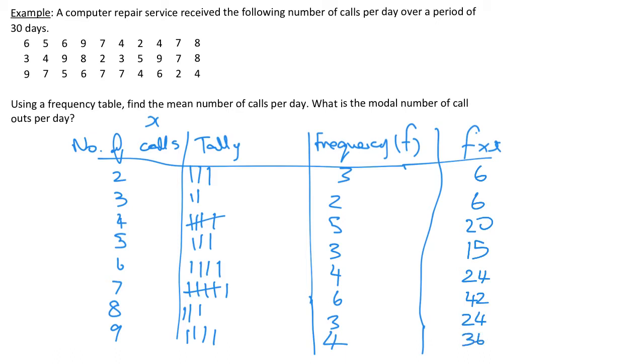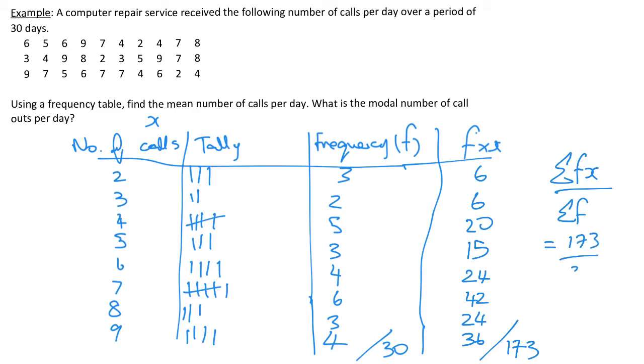So what we now need to do is work out the totals of the frequency and the totals of the fx column. To do that, we just add them up. So the frequencies add up to 30 and the fx add up to 173. So the mean is sigma fx divided by sigma f, which is 173 divided by 30, which works out to be 5.77.